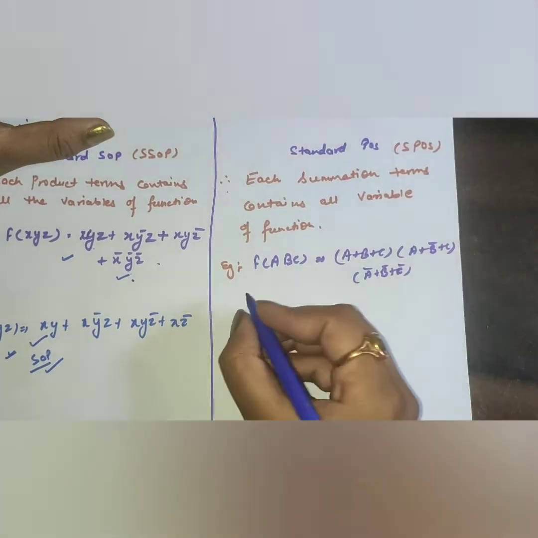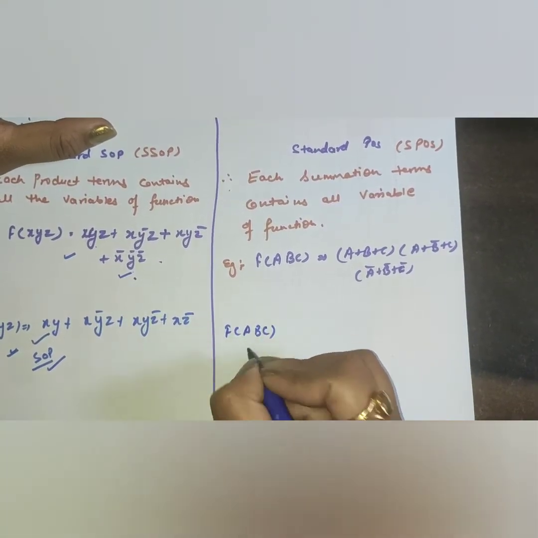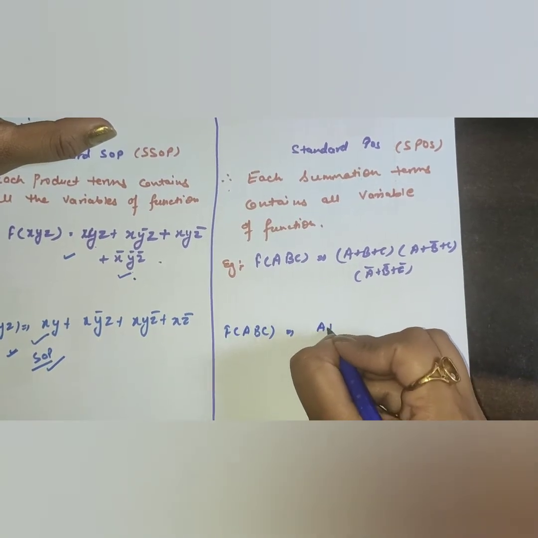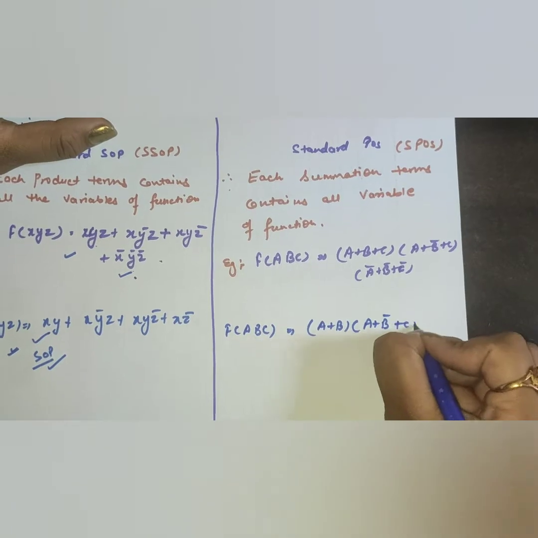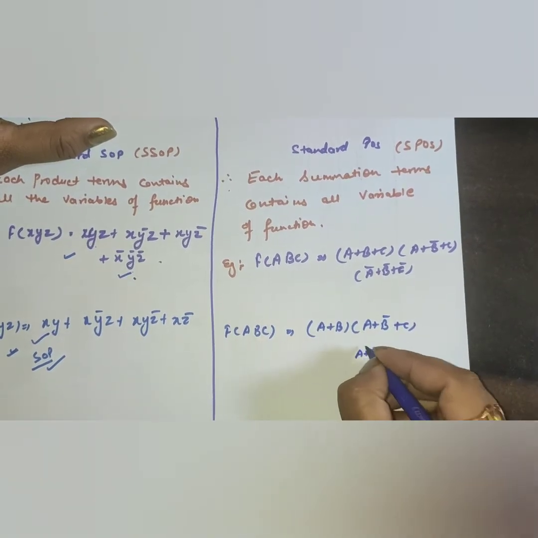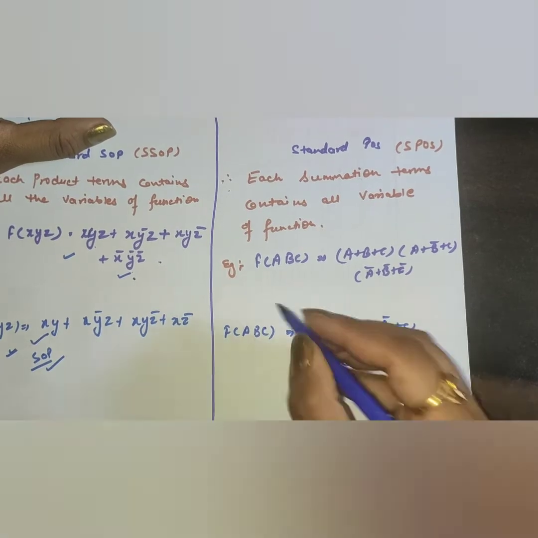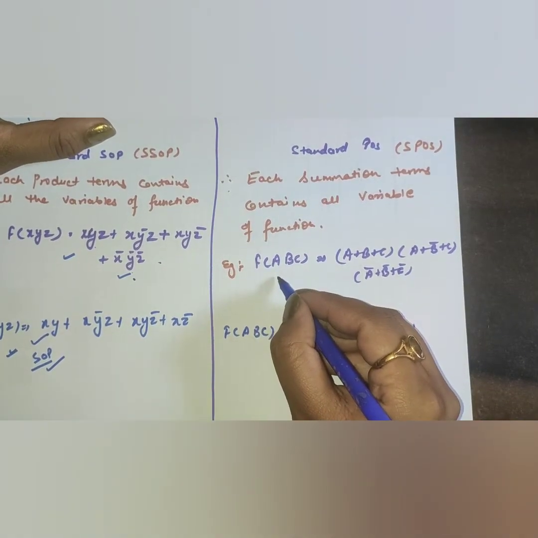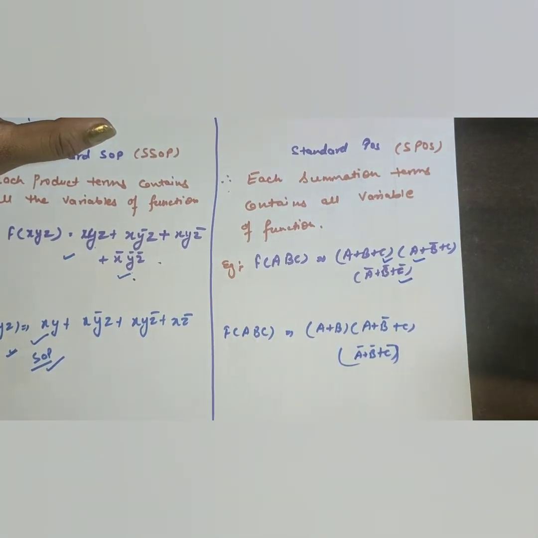Now in the standard POS form, let's suppose we have a function of A, B, C, that is a plus b bar plus c, a plus b bar plus c bar. So you can check this product of sums contains all the variables in each summation term.